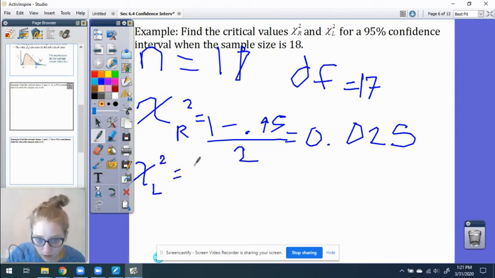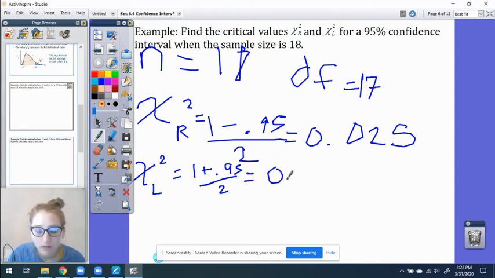The left bound you're going to get by doing 1 plus 0.95, divided by 2. All right, so now what you're going to do is look in your book for these two values.